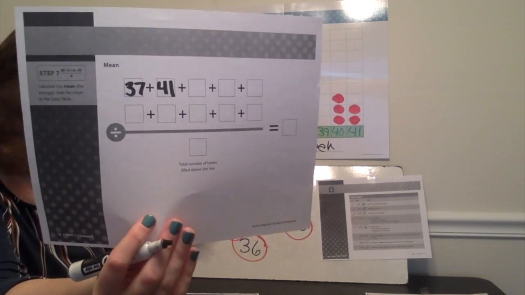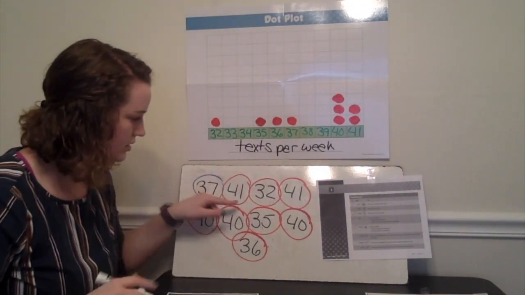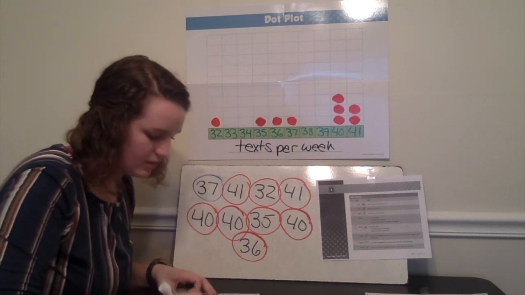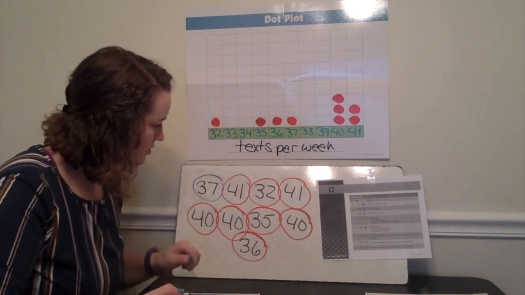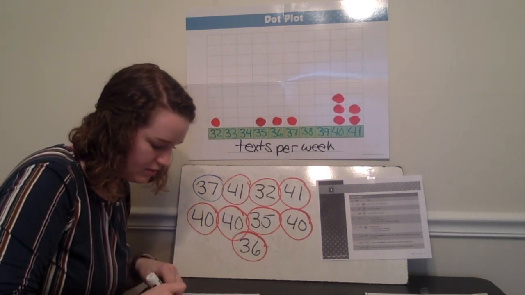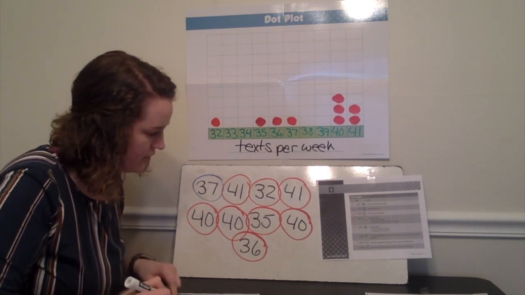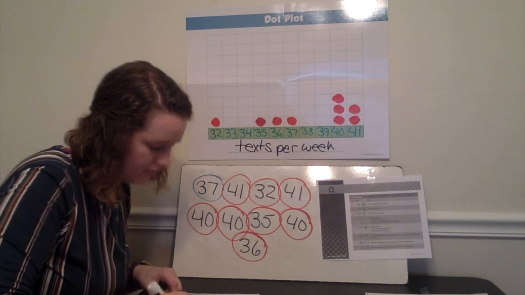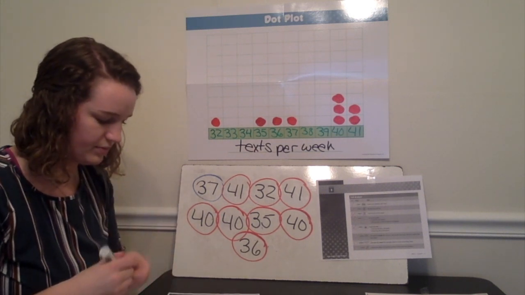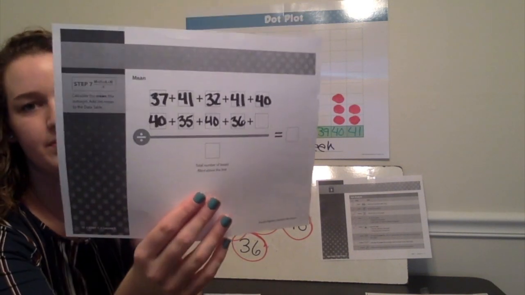And we finish writing the rest of the numbers. So we have 37, 41, 32, 41, 40, 40, 35, 40, and 36. Okay? So yours should look just like this.